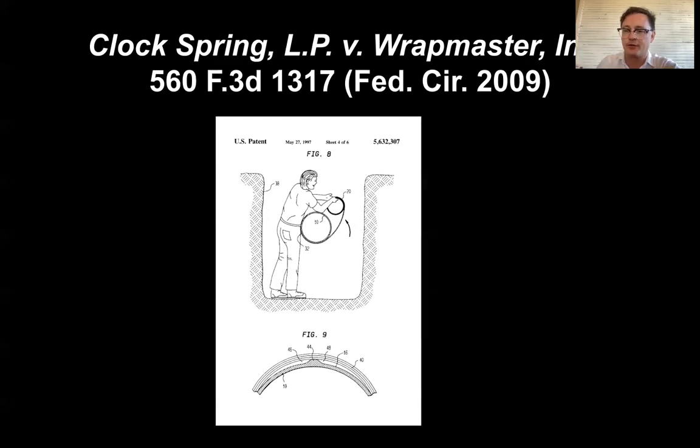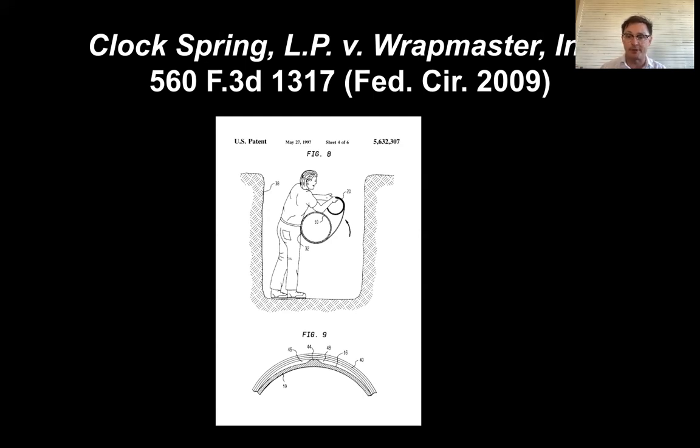And Wrapmaster, being sued for infringement, defends himself by saying, this was publicly used more than one year prior to your application, right? This is barred by prior art analysis, so it's an invalid patent claim.